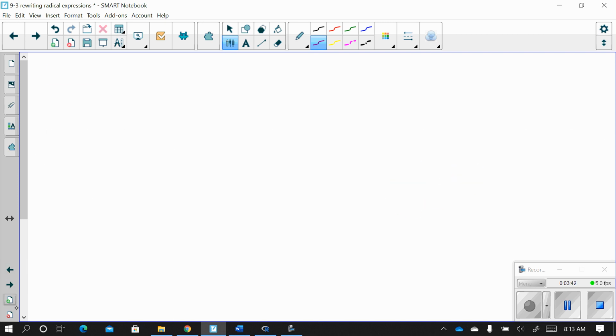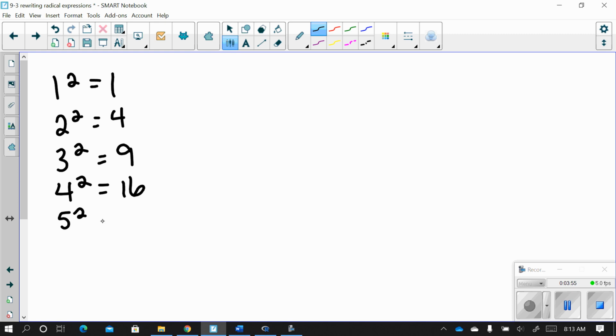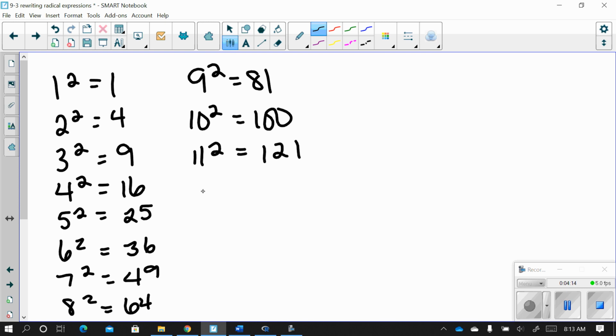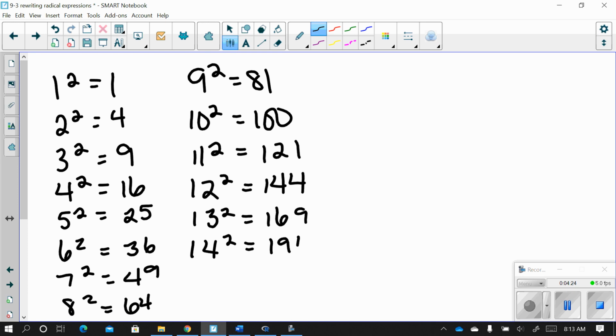So you really need to know your perfect squares. You should be able to tell me that 1 squared is 1, 2 squared is 4, 9 squared, and so on.